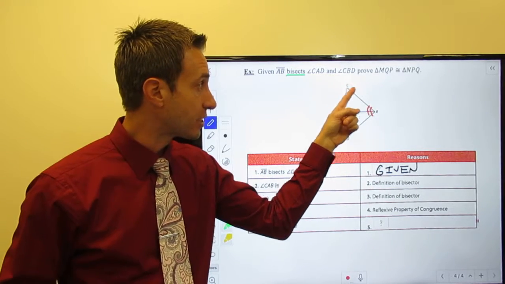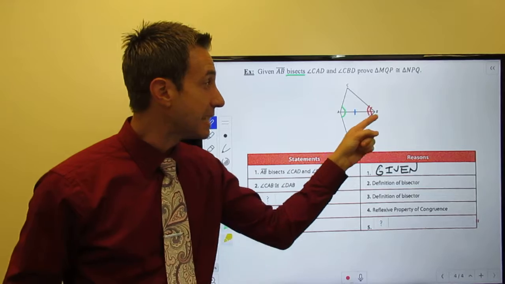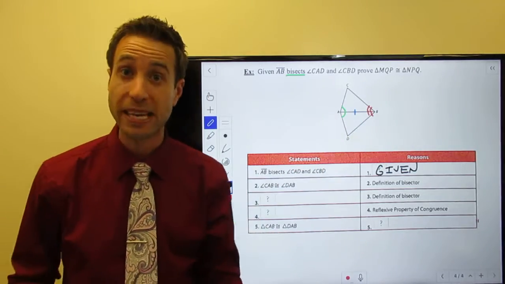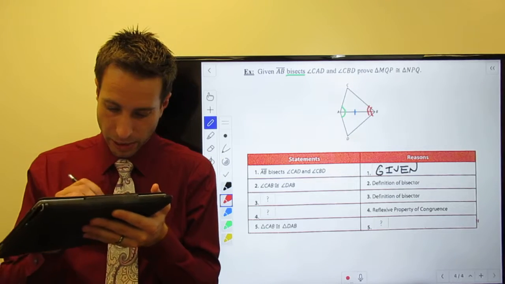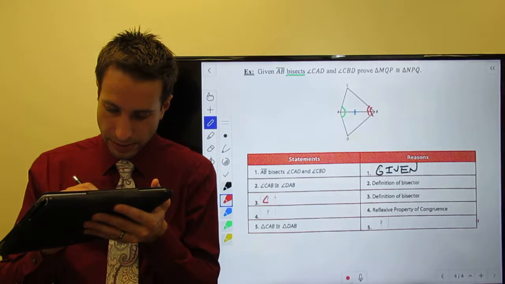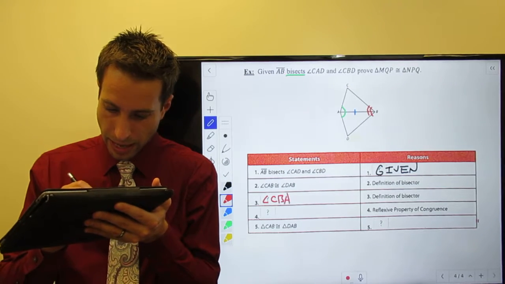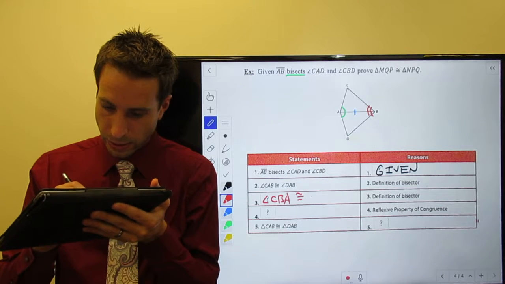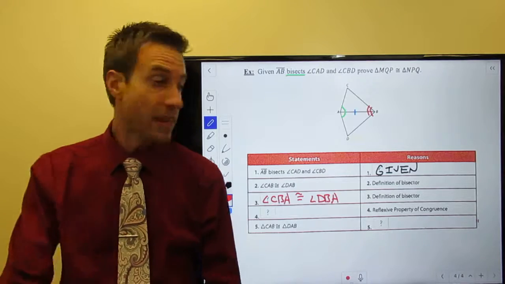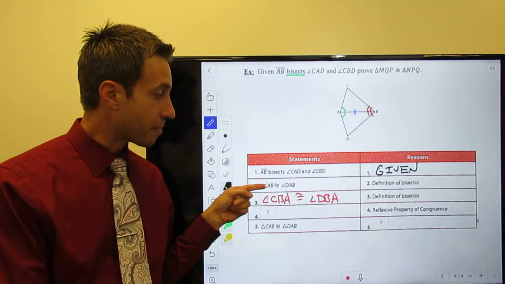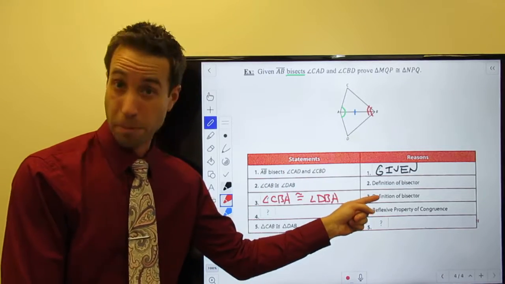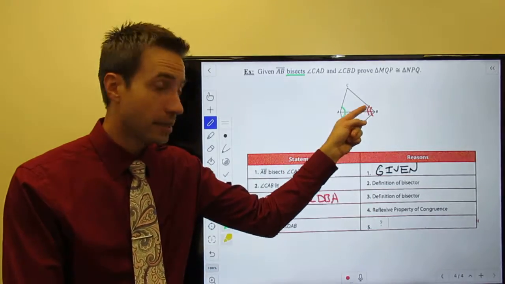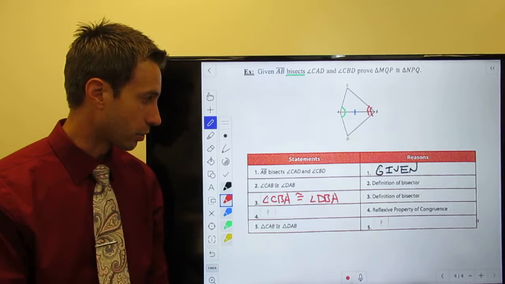By the definition of a bisector, CBA and DBA must also be congruent angles. So angle CBA is congruent to angle DBA. The definition of a bisector worked for the angles I've got in green, then it must also tell me the angles I have in red are congruent.